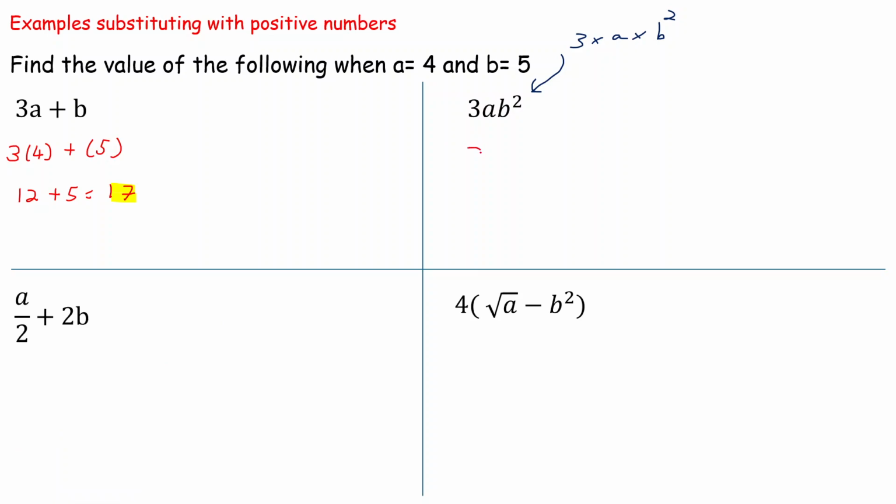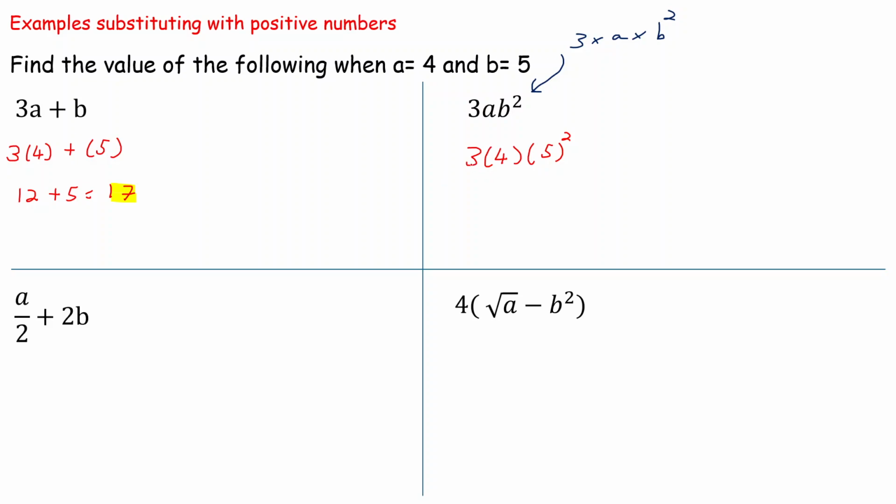Okay, so let's look at this one now. So we've got 3. A is equal to 4, so substitute it using a bracket. We've then got the b squared, and b is equal to 5. So we're going to replace the b with 5. Then you've got to go and square that 5. Really important you use brackets, okay? It's really good habits to get into.